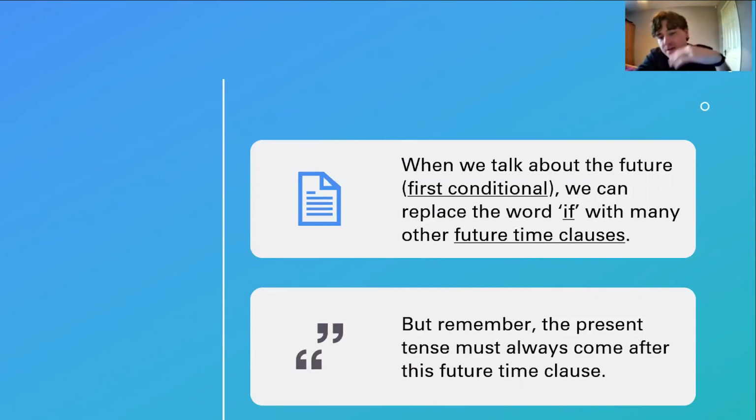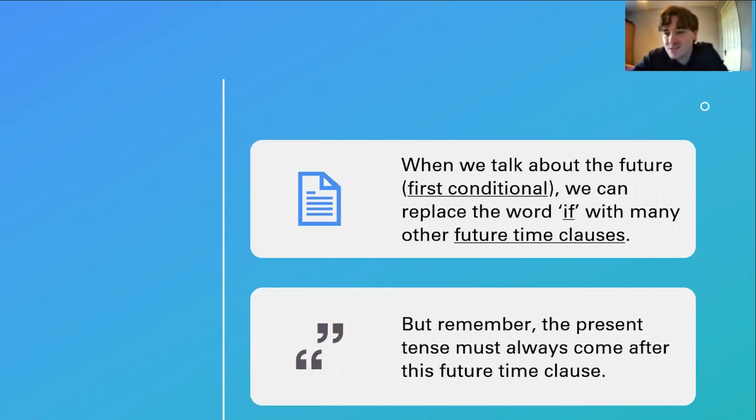But remember, if you change the word if with, for example, when, which is an example of a future time clause, it's still the same idea. It's still stuck together with the present tense. Same rule. I can put it at the beginning or the end, but they're still together.